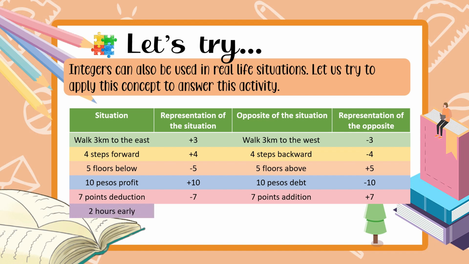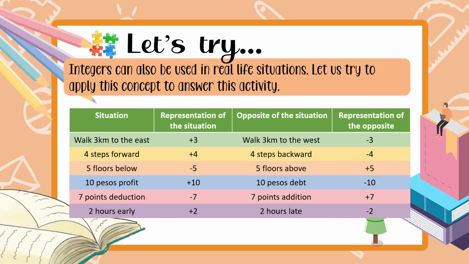Next, 2 hours early. So, pag early, that is positive. So, 2 hours early is positive 2. And the opposite is 2 hours late. And the representation of the opposite, so syempre late, that is negative 2.